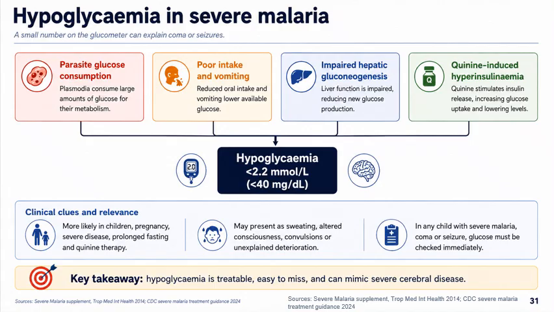Clinical features include sweating, altered level of consciousness, convulsion, and unexplained deterioration. But the child may show few warning signs. So this is why glucose must be checked immediately in every child with suspected severe malaria, coma, or seizure. Hypoglycemia may mimic cerebral malaria, and it may coexist with it or worsen it as well.